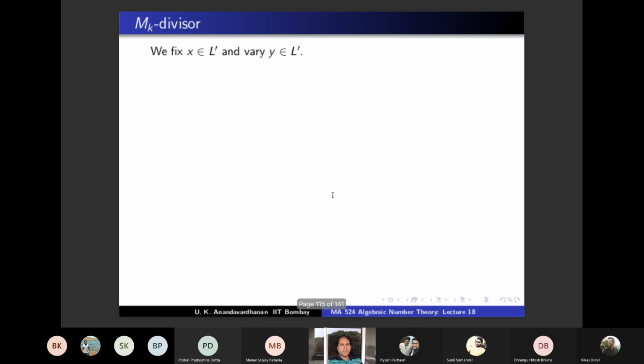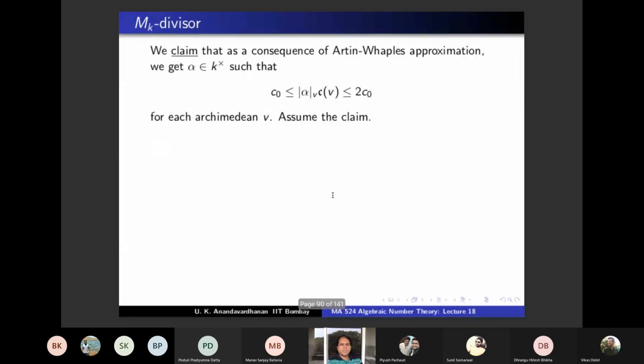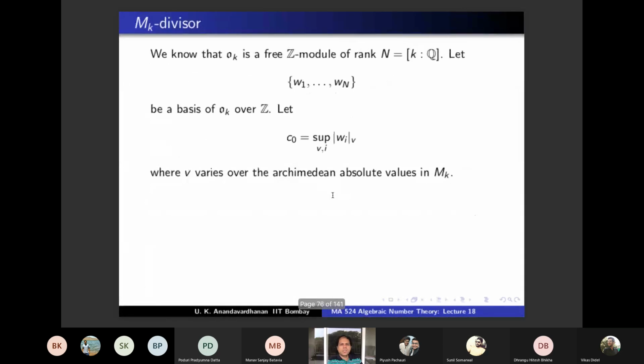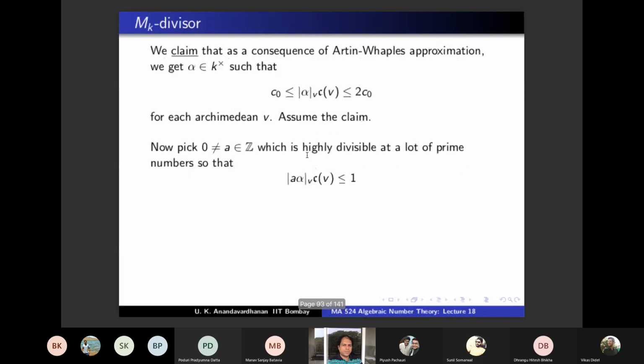C naught is a constant, n times, there is an n missing here, n times the supremum over all V and all i. But that particular element that came there is the supremum over all i. In particular, it is less than or equal to the supremum over a bigger set. So that is less than or equal to C naught.